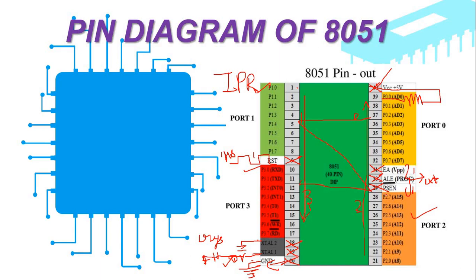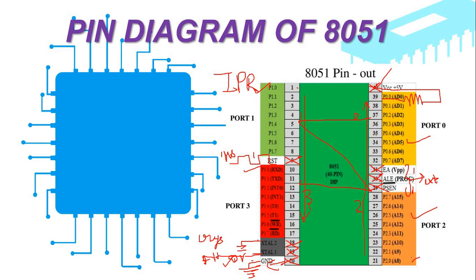What is program store enable? It will store the program externally. So at that time only it will be 1, an active high state. What is address latch enable? Whenever port 0 and port 2 are carrying address lines, okay, because port 0 has the lower order address lines and port 2 has the higher order address lines.